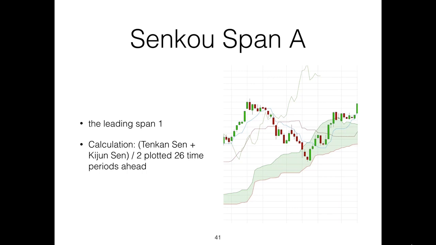The Senko Span A is also known as the leading or the preceding line. To calculate the Senko Span A, take the Tankenson plus the Kijun-sen, add that, and then divide that by 2. And then plot that number 26 time periods ahead.